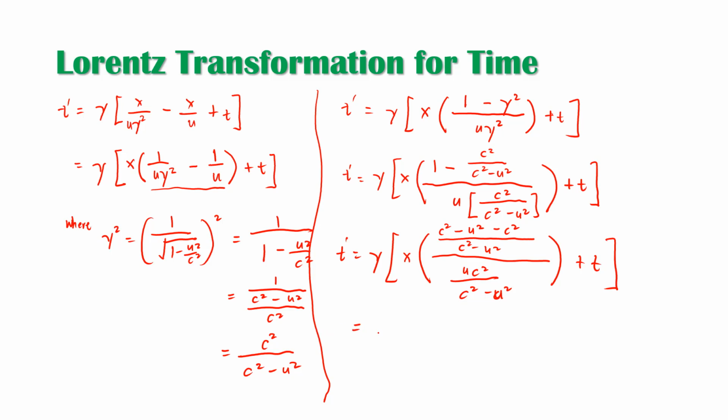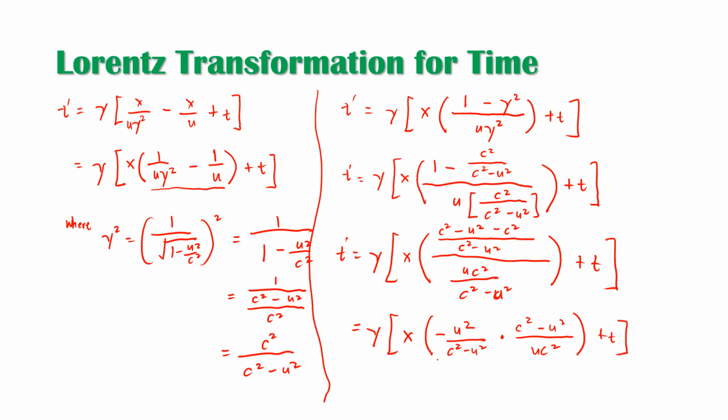So this can be written as gamma times x times negative u squared divided by c squared minus u squared, multiplied by the reciprocal of the denominator, which is c squared minus u squared over u c squared, plus t.